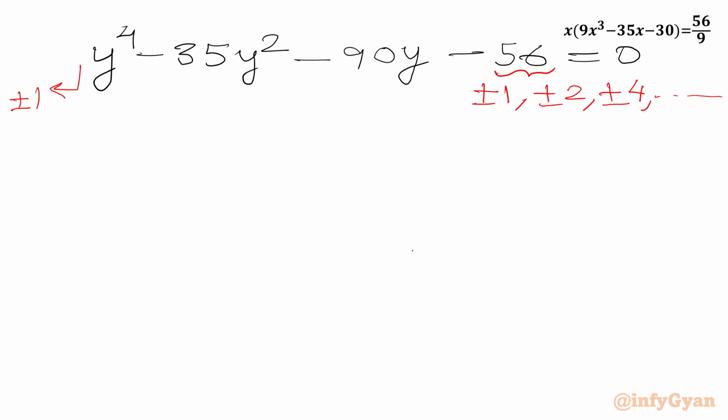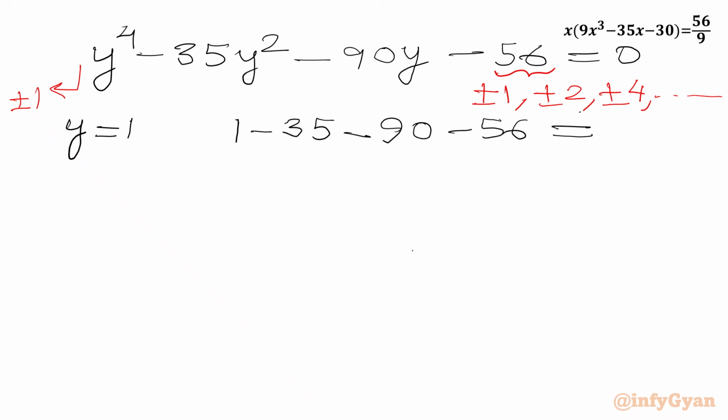Now we have to take ratio of constant to leading coefficient here and check whether they will satisfy our equation or not. So if I check y equal to 1: 1 power 4 is 1, minus 35 times 1 square, minus 35, minus 90, minus 56, which is not going to be 0. So y equal to 1 is rejected.